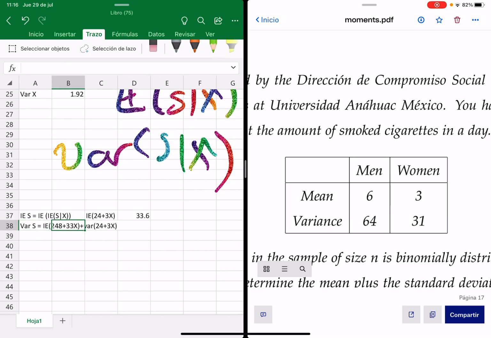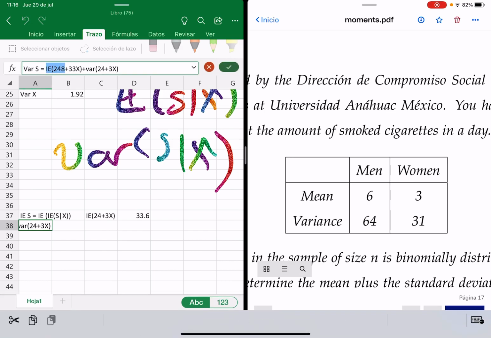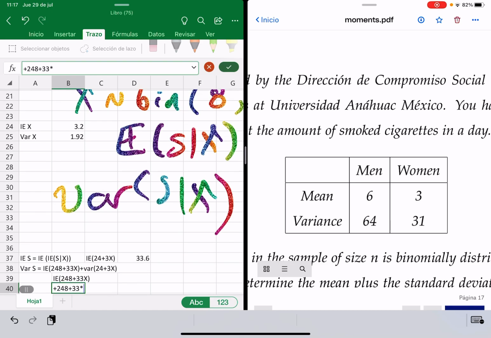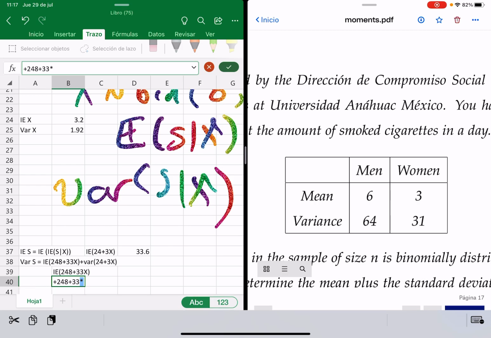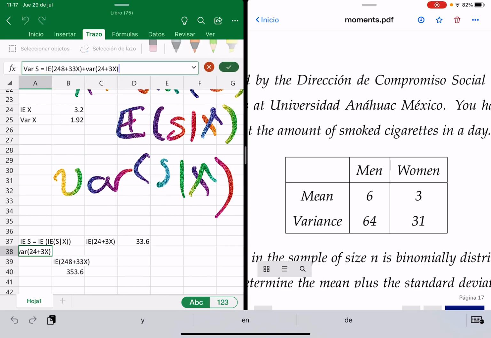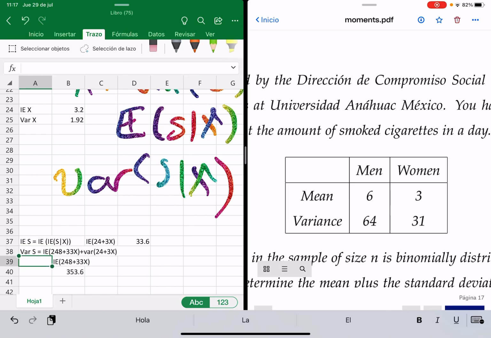For the first part, what is 248 plus 33 times this expectation here? That is this number, right? And then we need to take the variance of 24 plus 3x.